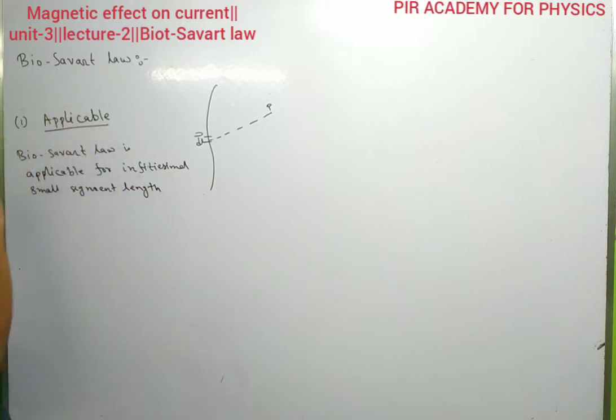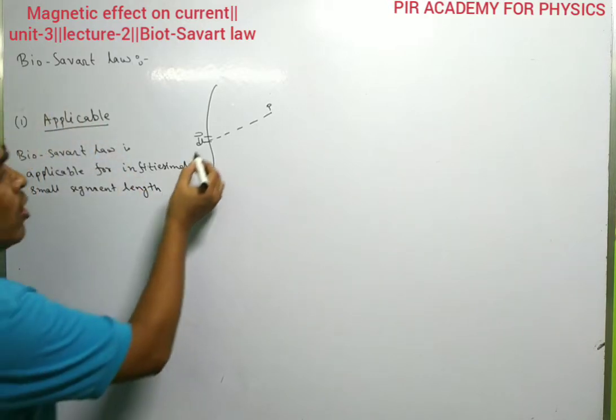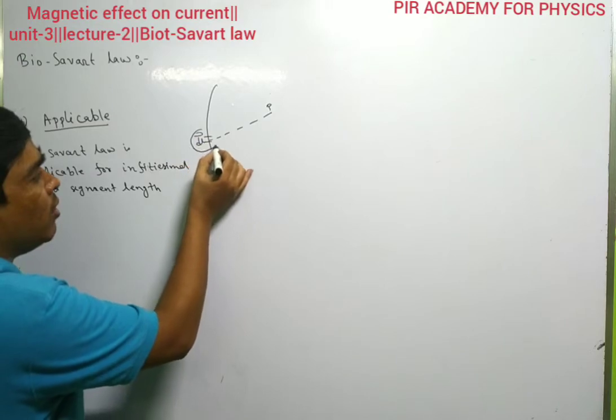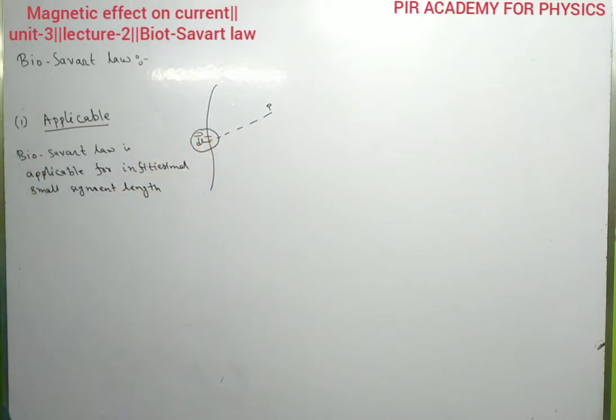So this law is valid for a very small element of the current carrying conductor.